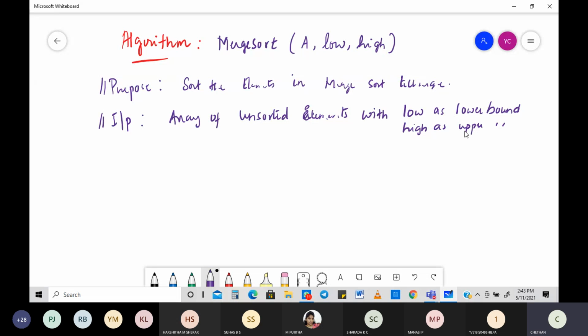So that is my input. What will be my output? My output will be, with regard to array A, a sorted array.